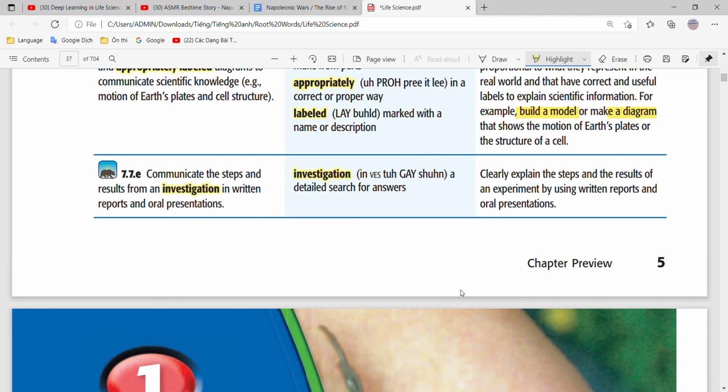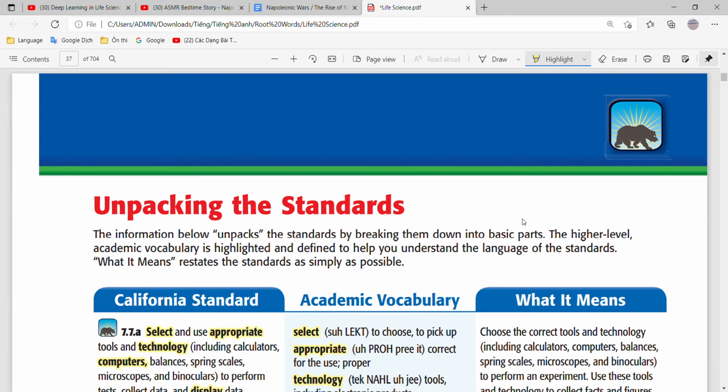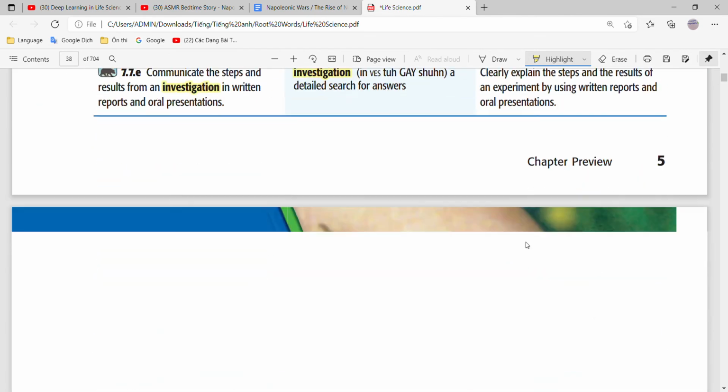So this means to clearly explain the steps and the results of an experiment using a written report and a representation. So after doing the other things, you have to present them yourself by using written reports and oral representation. So this is what you've got to do. Okay, that's great.